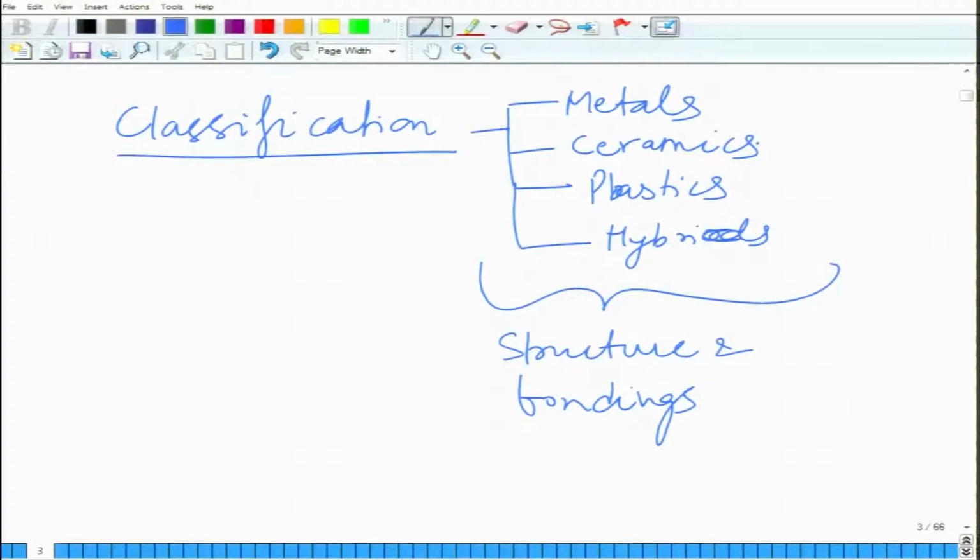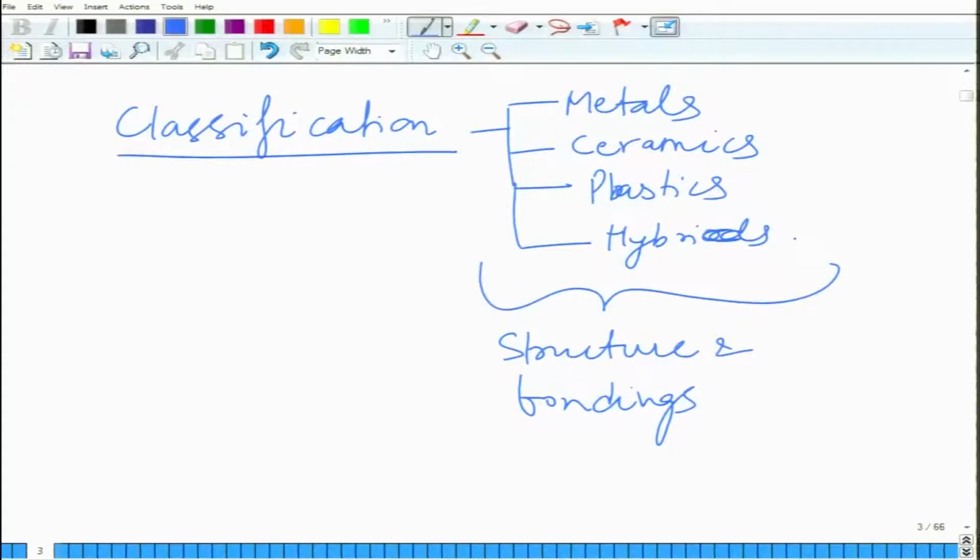Most ceramics are ionically and covalently bonded, that is why ceramics are hard and brittle and strong. Plastics are a mix of covalent bonding and secondary van der Waals bonding, and that is why they are softer. And hybrids are a mixture of both of them, so they may have a different scenario, but this particular classification of these three categories is primarily related to the bonding in materials.